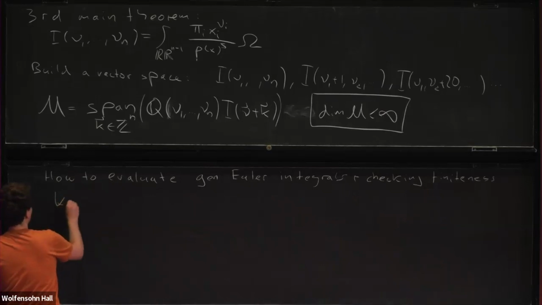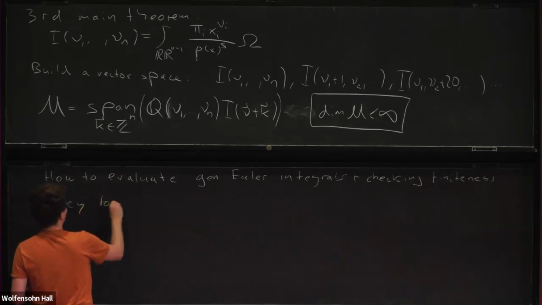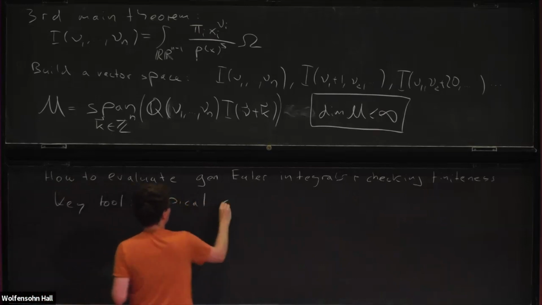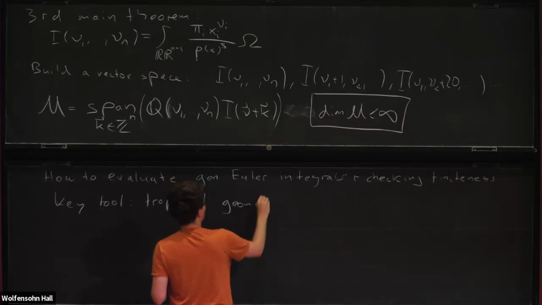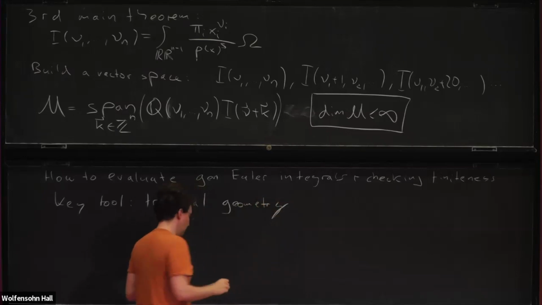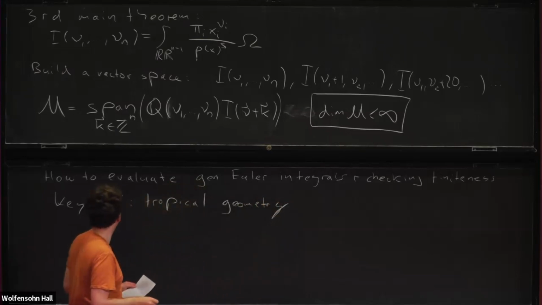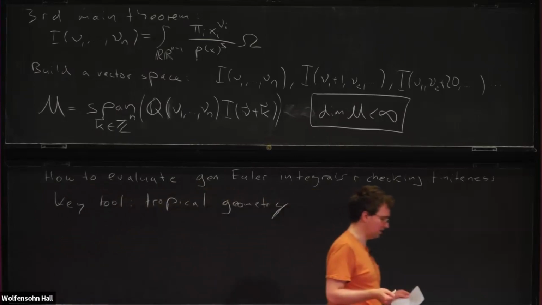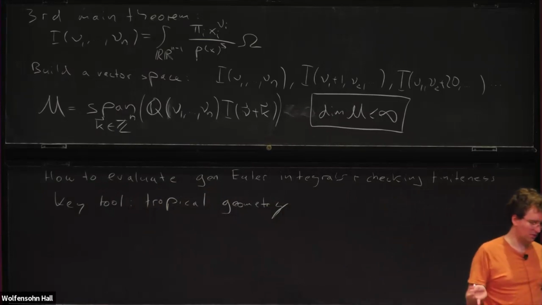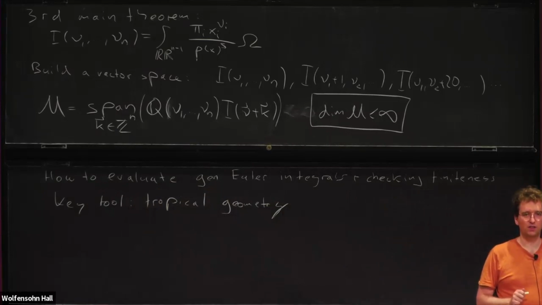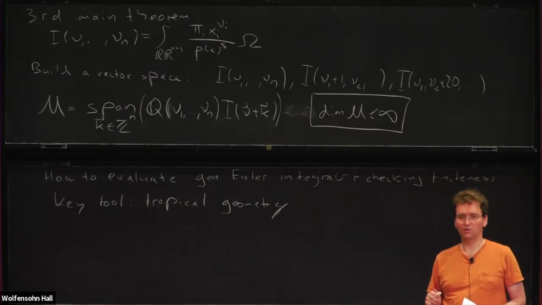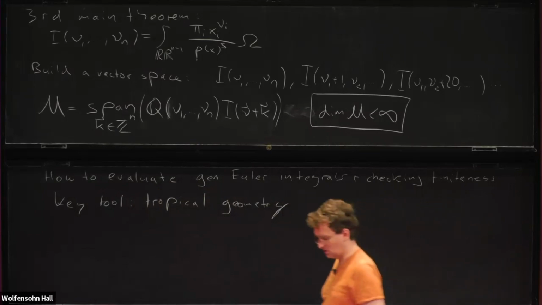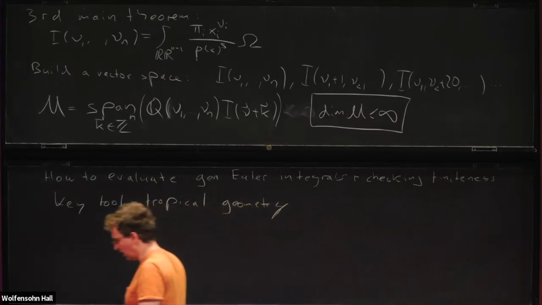The key philosophy here is tropical geometry. It's more of a philosophy than a tool, I'd say. The philosophy goes like trying to simplify things into only discrete objects. So try to avoid smoothness, work only with discrete objects because computers really like discrete objects.